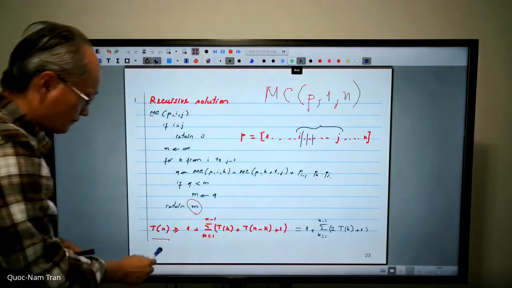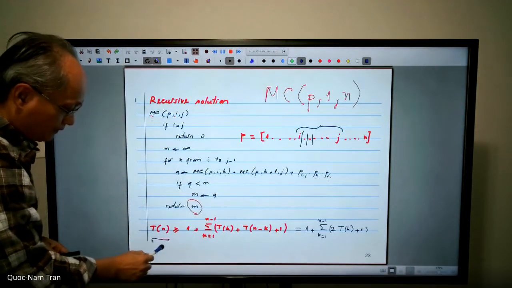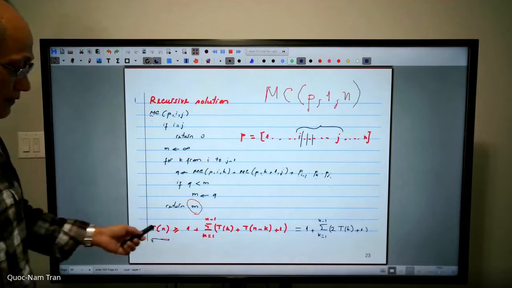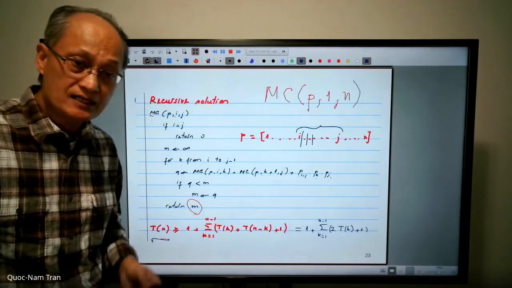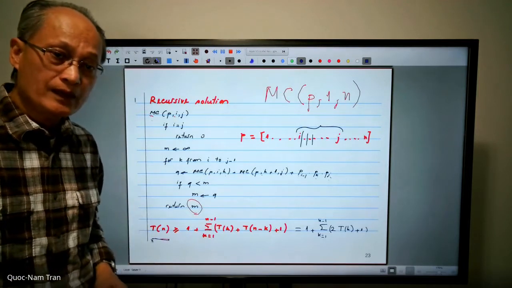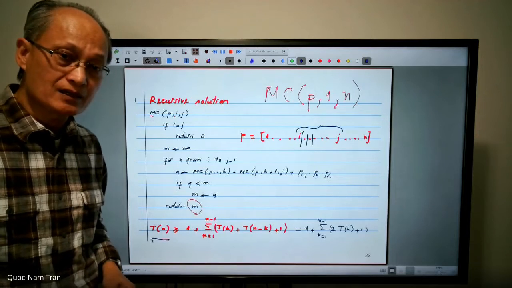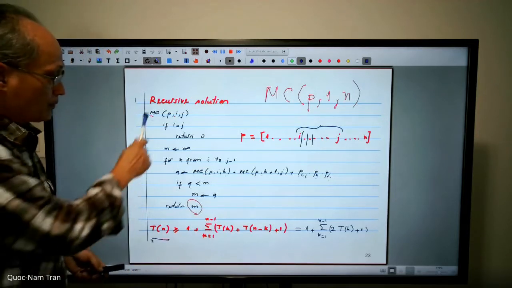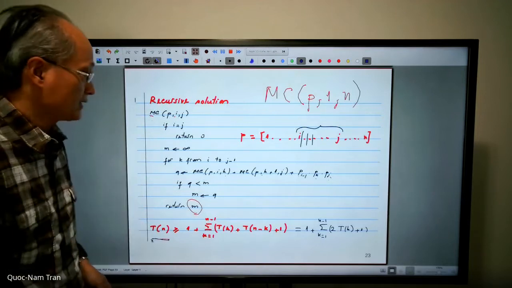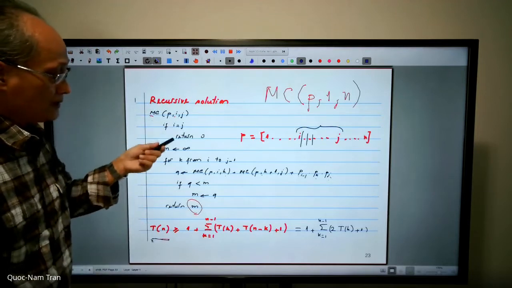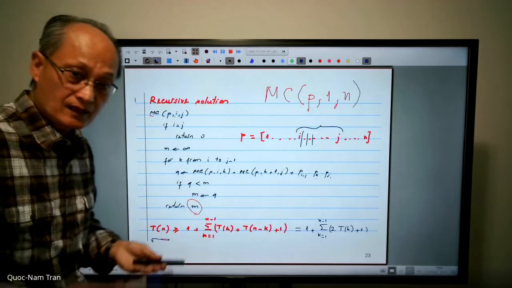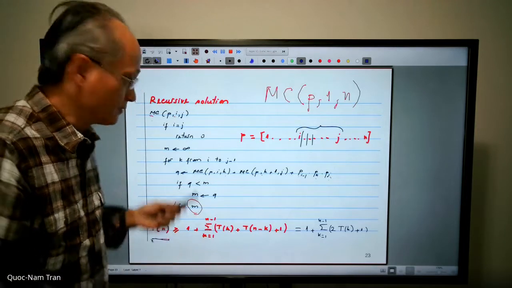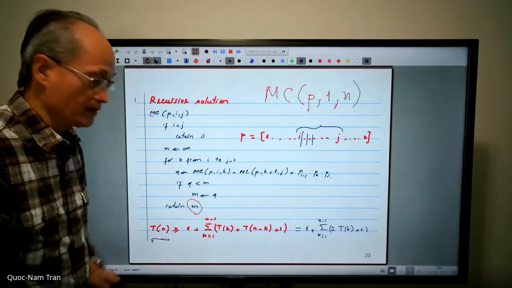From here, you can see that the first step, the base case, takes a constant number of steps.